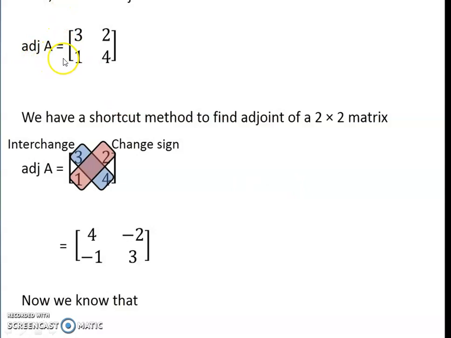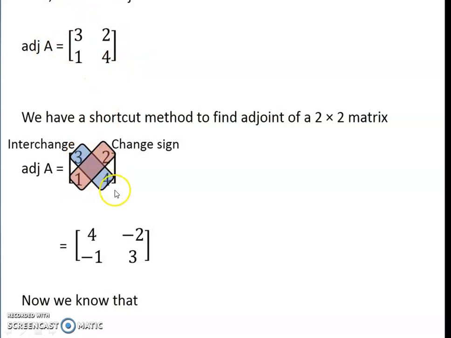Adjoint of A, where A is 3, 2, 1, 4, is given. We have a shortcut method to find adjoint of a 2 by 2 matrix, that is interchange and change the signs. That means we have to interchange the elements and change the sign. How is it possible? It looks like this in a diagram. Suppose this is the example.